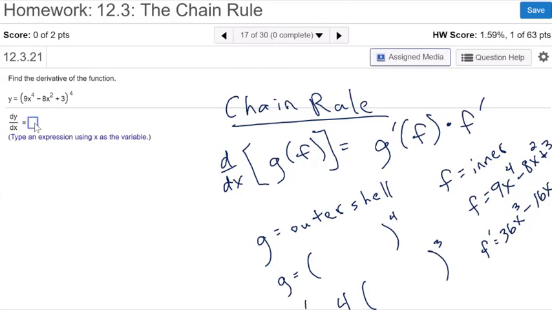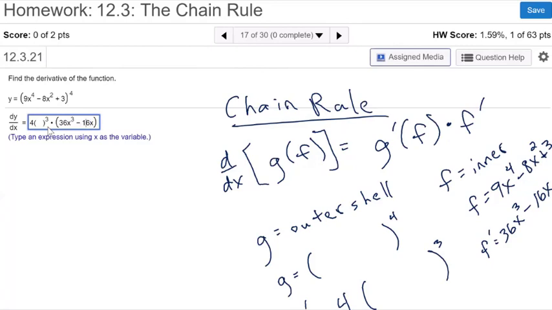So you'll have the outer shell part first when you go ahead and do this. Your outer shell is the 4 and then parentheses stuff raised to the third. So you have something in parentheses there. It's actually f if you're looking at the formula, so you can go ahead and type f in there. I think I come back later and type it in right there, but then I'm going to type the f prime, that's what's being multiplied on the outside, which is the 36x cubed minus 16x.